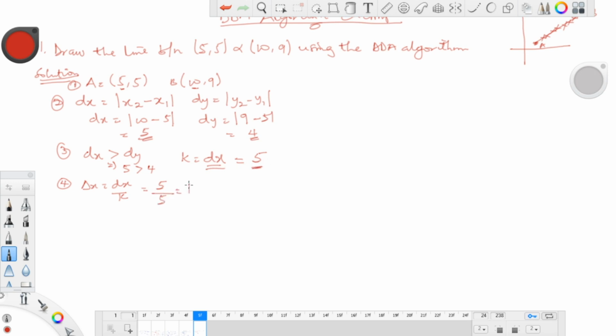So we have 1 as the change in x. The change in y is dy over k, which is 4 over 5, giving us 0.8. So we have the change in x equal to 1, and the change in y equal to 0.8.